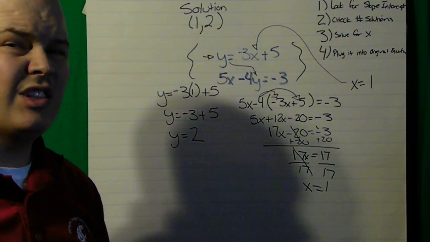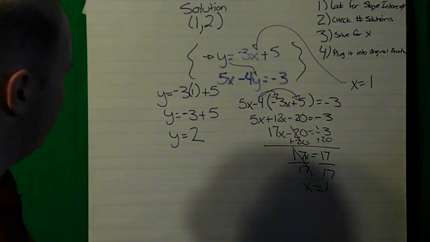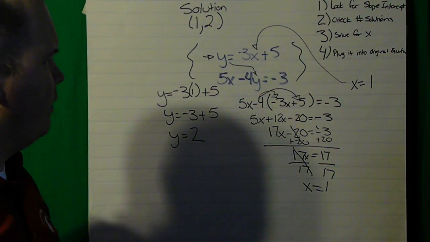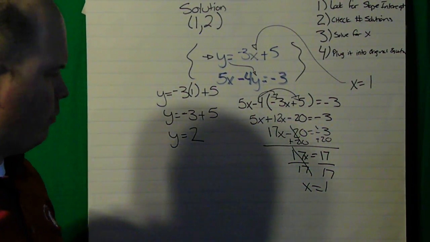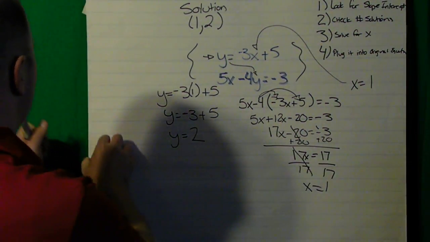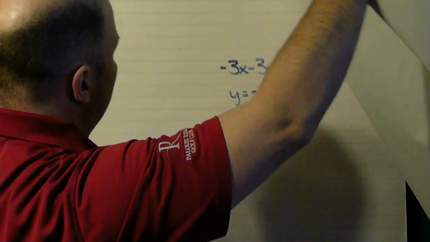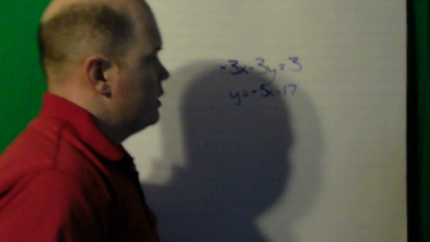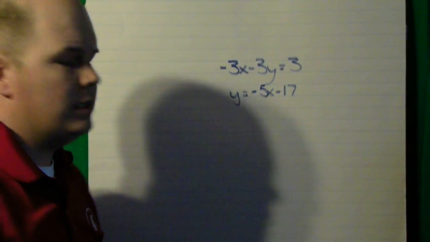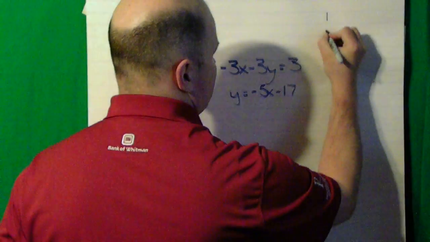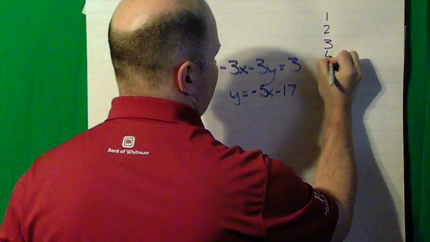Okay, let's look at one more practice one, and I'm going to turn you guys loose on your own. So here we go. Let's clear this off. So again, if I'm looking at this, I'm going to have my 4 steps. 1, 2, 3, 4.